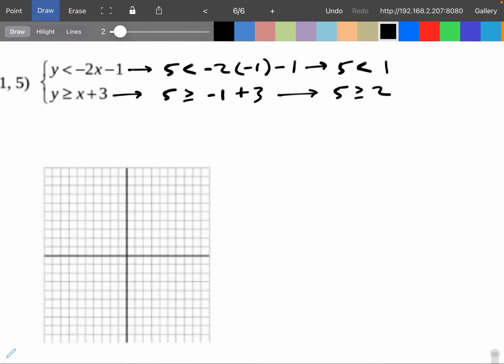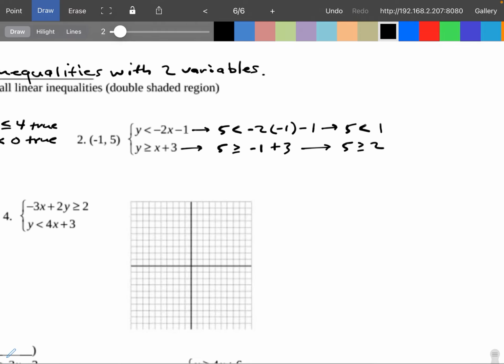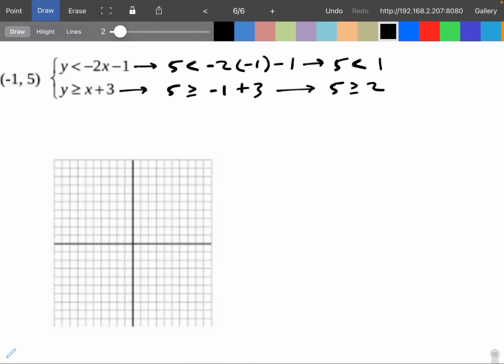So then the top one becomes, on the left-hand side, we got 5. On the right-hand side, we got -2 times -1. That's a +2. +2 take away 1. That's 1. And then on the bottom one here, we got 5 on the left-hand side. That's got to be greater than or equal to -1 plus 3, which is 2.